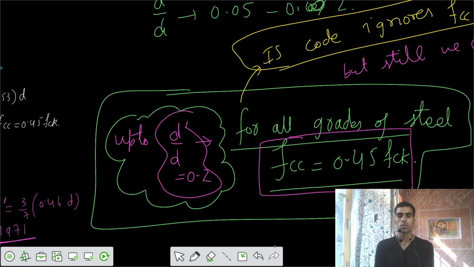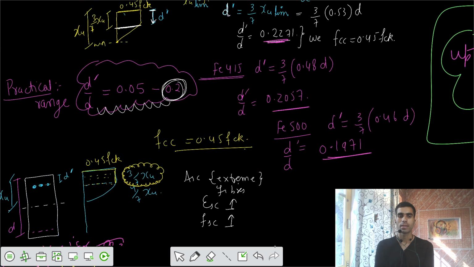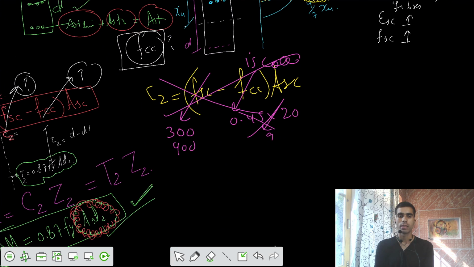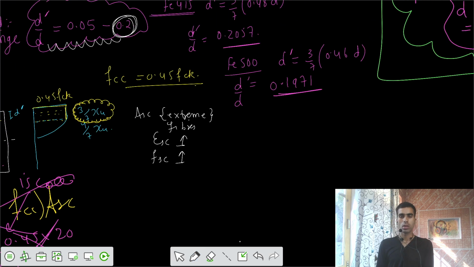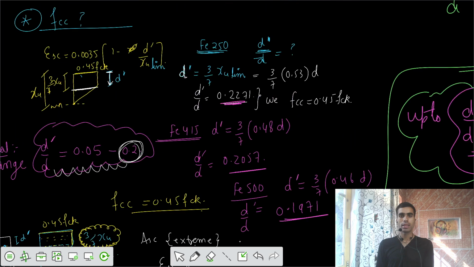Now we are going to talk about what should be the value of FSC. We are only left with FSC.